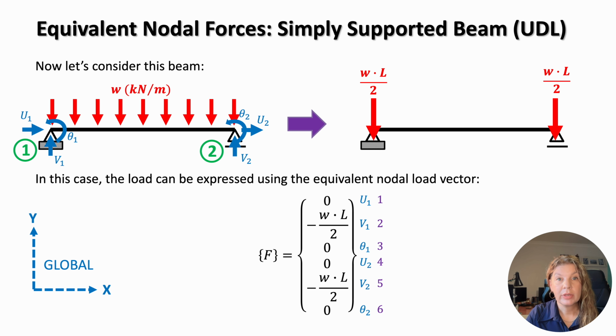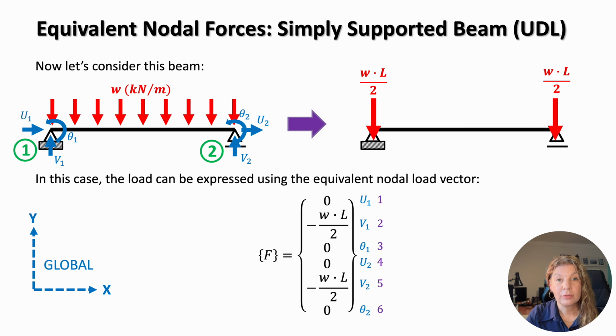Looking at this beam with the global degrees of freedom noted in blue, for a simply supported beam under UDL or uniformly distributed load, the equivalent nodal forces appear only in the vertical degrees of freedom. Each end carries half of the total load, WL over 2. Because the distributed load acts downwards and our positive displacement direction is upwards, both entries appear as negative values.